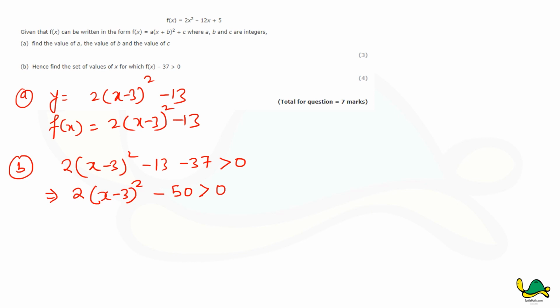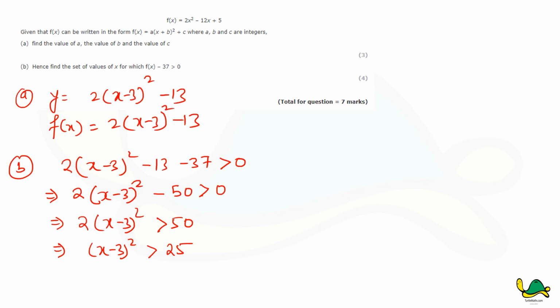Now this question will also help you in understanding quadratic inequalities. So here I can rewrite it as 2 times (x minus 3) whole squared is greater than 50. Now I can divide both sides by 2. That will give me (x minus 3) whole squared is greater than 25. Now, whenever you have an equal sign, it is easier.